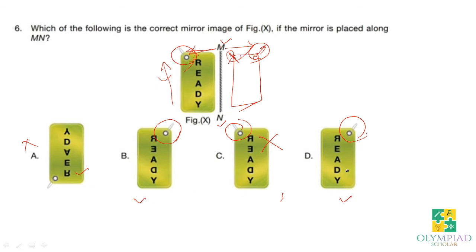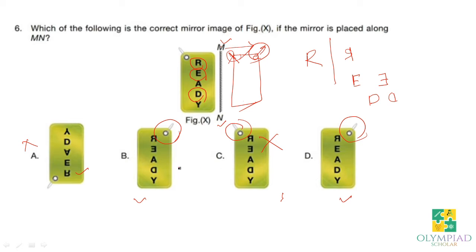So what to do next? Let me tell you. Here you see the letters E, R and D will change their shapes from left to right. Suppose R is there, and if you place a mirror here, then R becomes like this. E will become like this, and D will be like this.